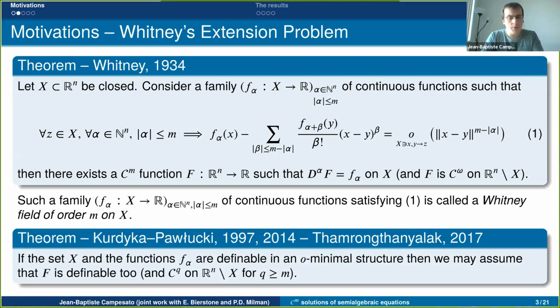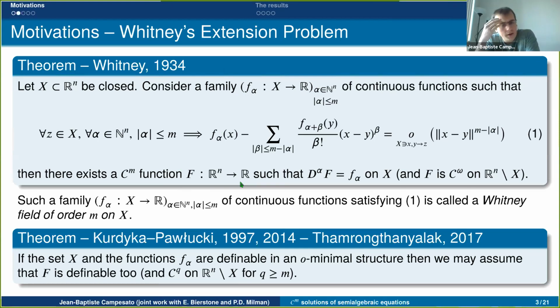As I said earlier, I'm going to be interested in a geometric version of Whitney's extension problem, and there exists a geometric version of Whitney's extension theorem. Namely, when the data, so X and the f_alpha, are definable in some o-minimal structure, then we can construct such an F which is also definable.